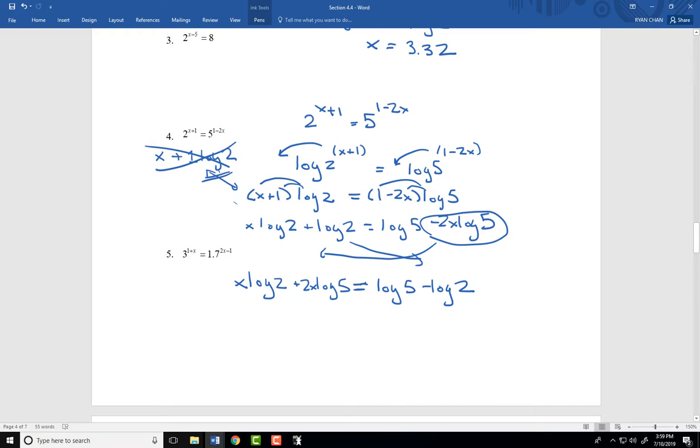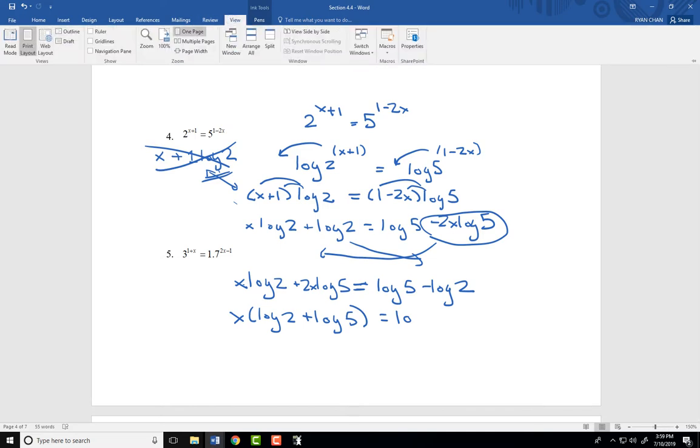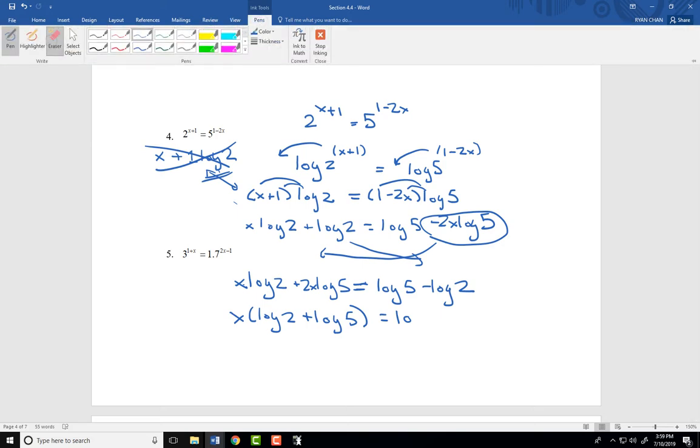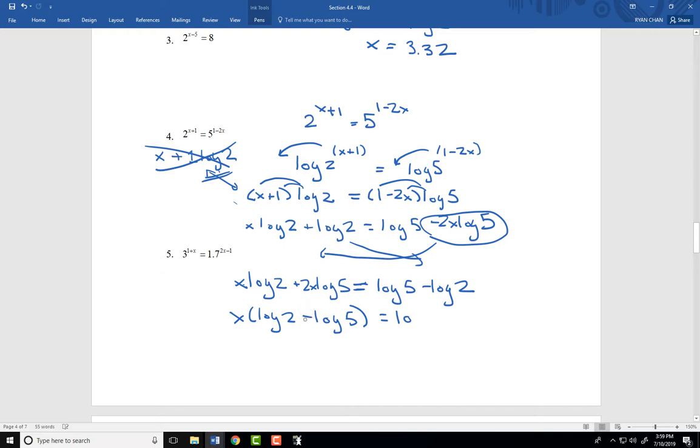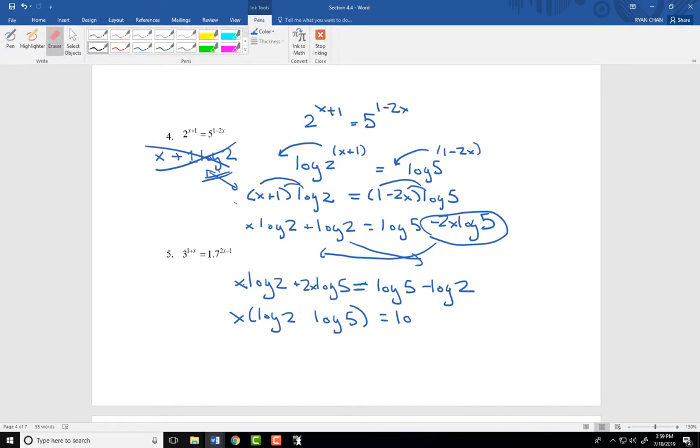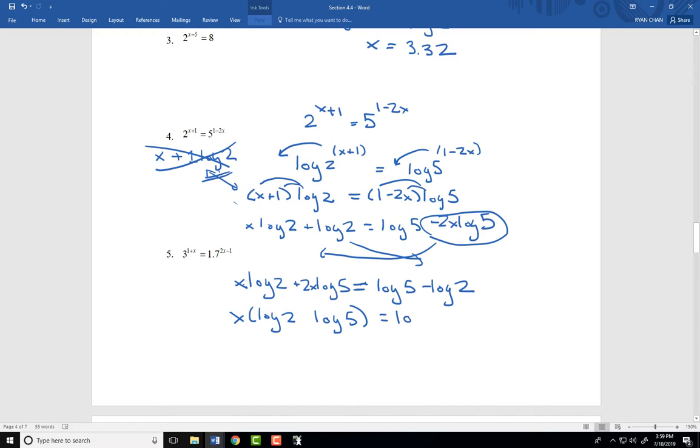Okay? And then what I can do is, remember, since they both share an x, I'm going to pull this out. Sorry, I forgot a 2 right here. So I have log of 5 minus log of 2.